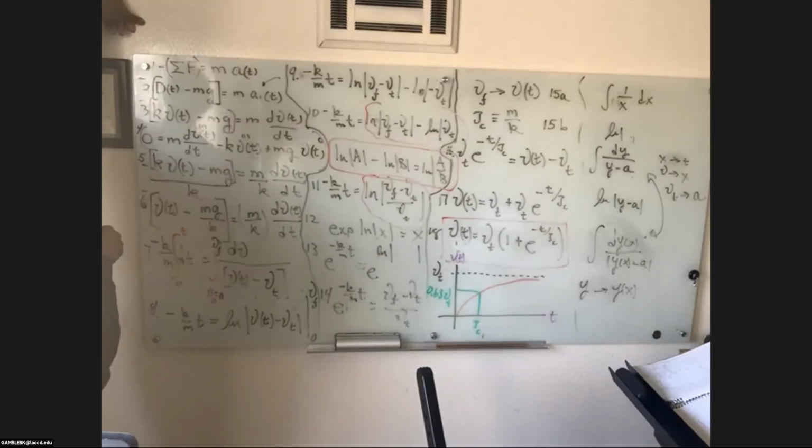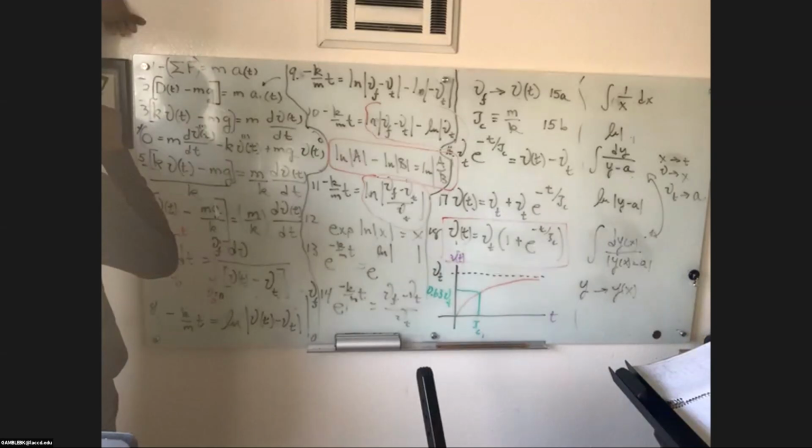The very first one. Number 1 and 2 and 3. Oh yeah, here? So you replaced your drag force for kv. Can you explain that just a little bit more?